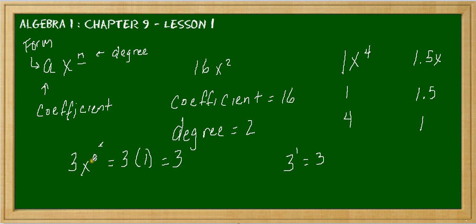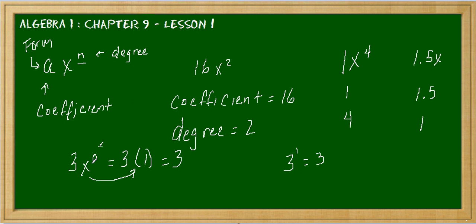So we would put x to the 0 power, and anything to the 0 power is equal to 1. Now we have 3 times 1, which is equal to 3. So we can express the degree of 3 as 0 as it relates to being a monomial.